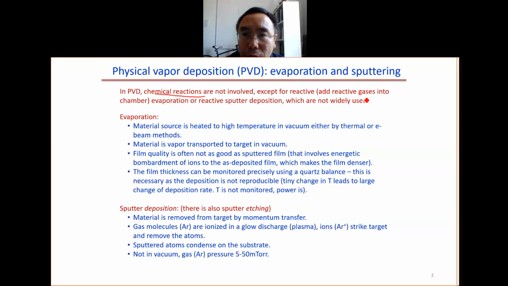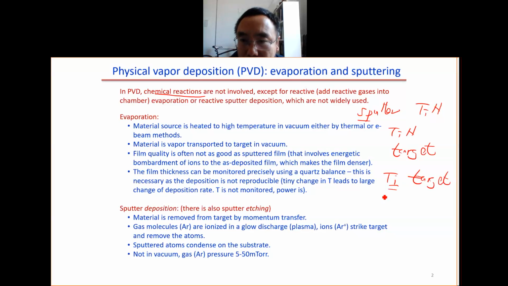For example, for sputtering deposition of titanium nitride material, we can use a titanium nitride target. We can also use a titanium target. If we use a titanium target, we will add nitrogen into argon.